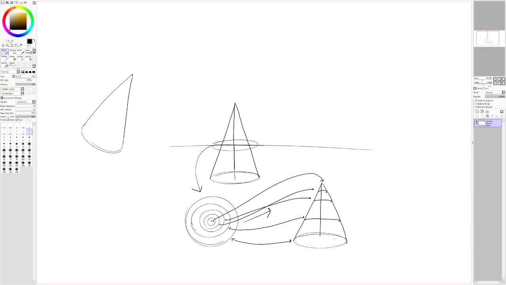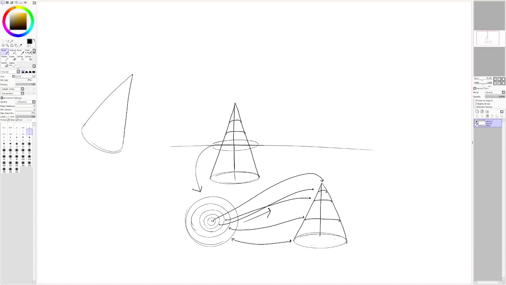Now, because a certain portion of this cone, specifically this section, is above the horizon line, I believe the way to think about it is that the ellipses are like this. Please correct me in the comments if I'm wrong, but I could have sworn it's like that.